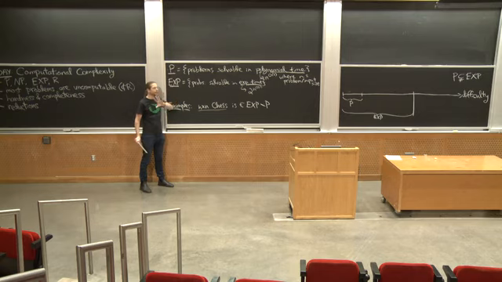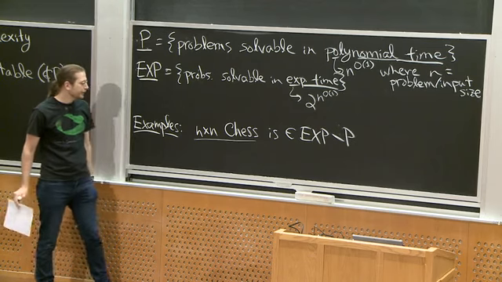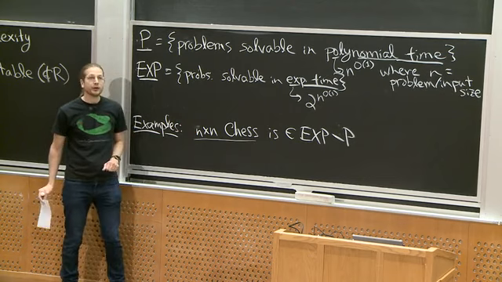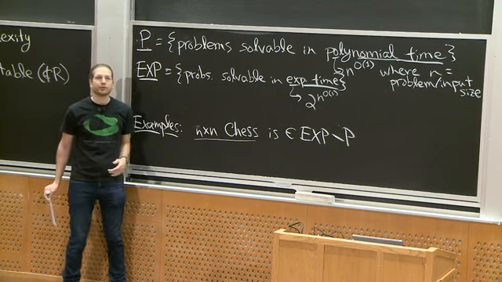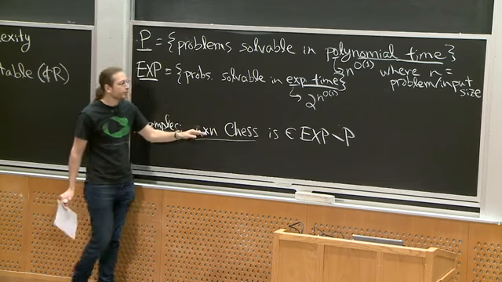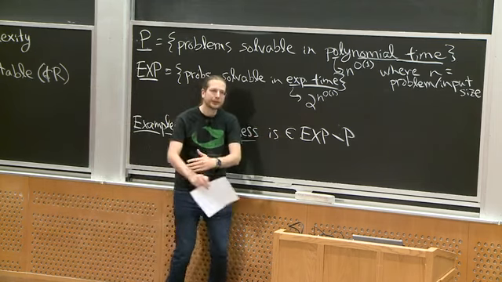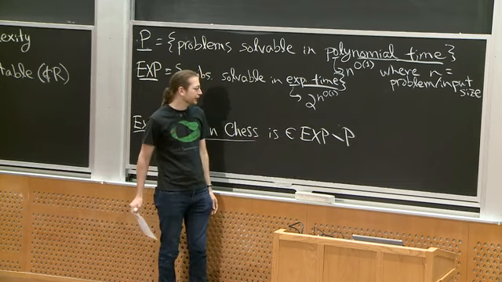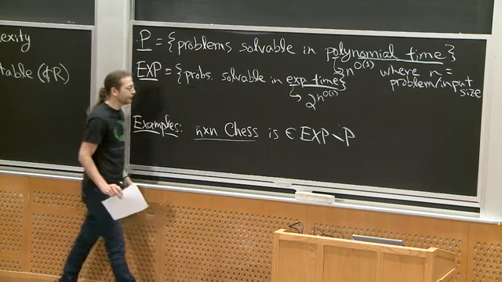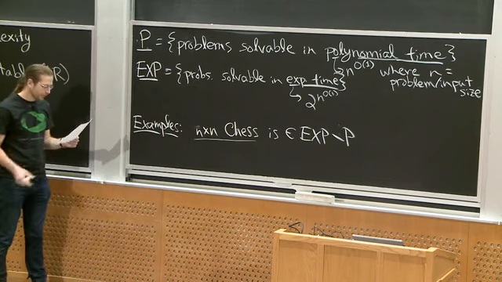Here's where all the white pieces are. Here's where all the black pieces are. You can have an arbitrary number of queens and bishops and pawns of each color, of course, up to n squared of them. They don't overlap each other. And I want to know, does white win from this position? Let's say it's white to move. Can white win? That problem can be solved in exponential time by exploring the entire tree of all possible games. But you can prove that it cannot be solved in polynomial time. So that's a nice example.